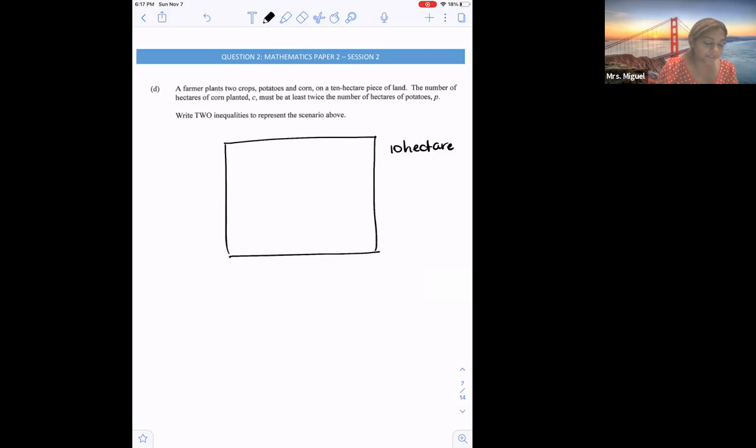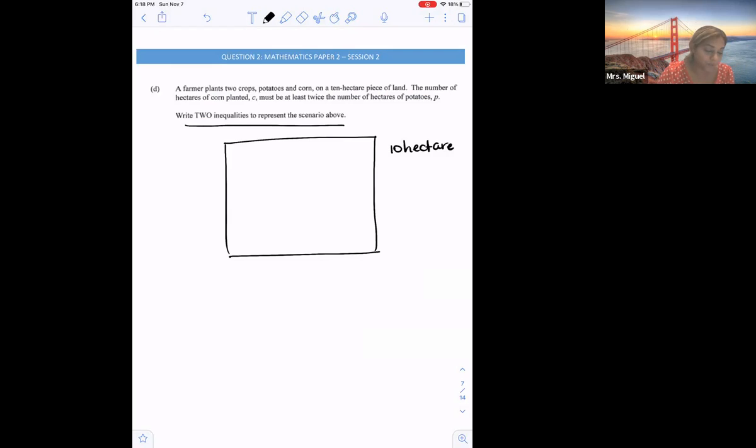The number of hectares of corn, which is C, must be at least twice the number of hectares of potatoes. So the first inequality, right?